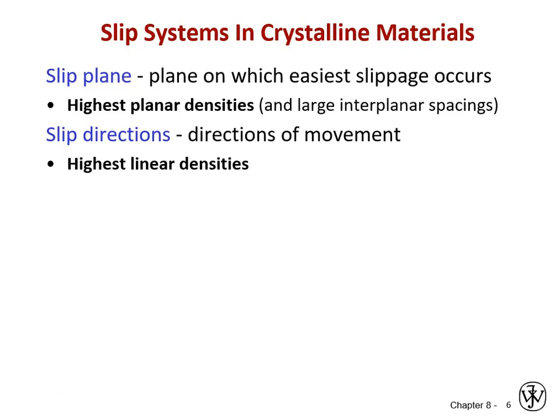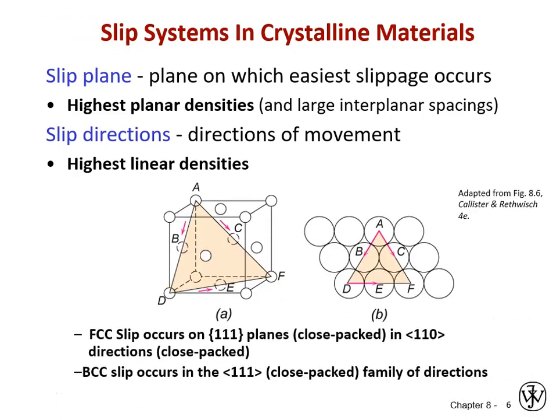It's easiest for the atoms to basically move from the compressive to the tensile position and allow the dislocation to index across, and the same with the highest linear densities in the direction of dislocation movement.